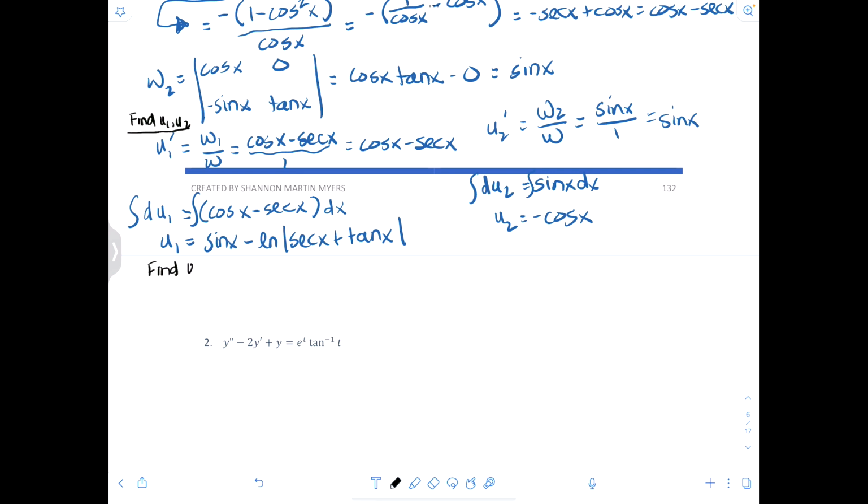So let's find yp. So yp is u1 y1 plus u2 y2. So in this case, our u1 is sine x minus natural log absolute secant x plus tangent x.